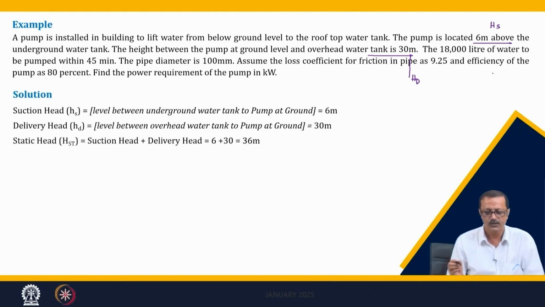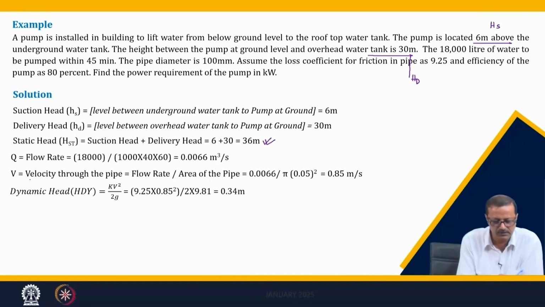First of all, I found this 36 meter, this 6 plus 30, is my total static head, and I also find out the velocity in the pipe, because I know the flow rate, because 18,000 liters has to be delivered in, I think, 40 minutes, I think it is 45, not 45, I will correct it afterwards.